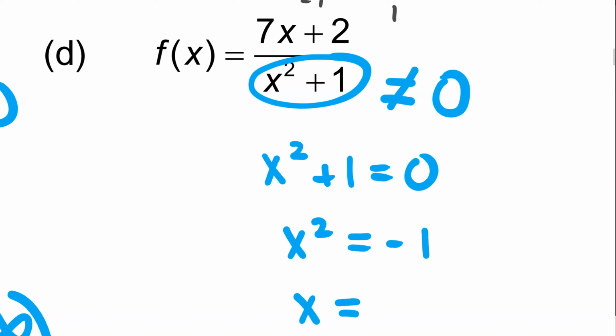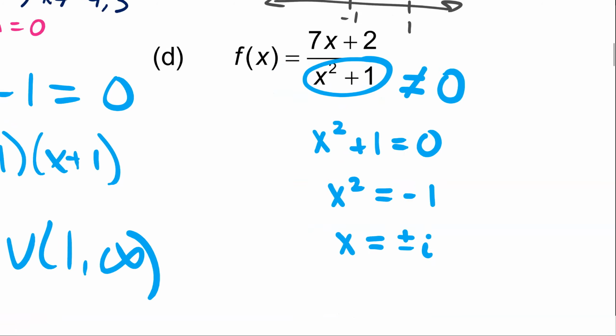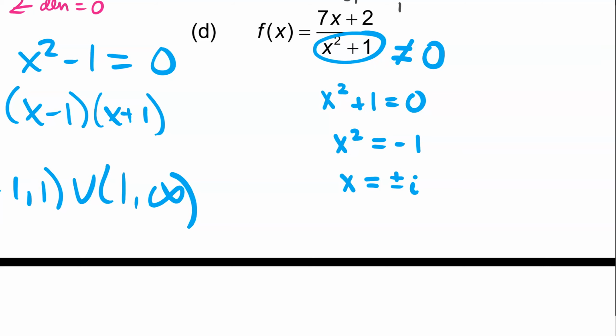So literally the values that would make the denominator go to 0 would be plus or minus i. What that means is the numbers that would make the bottom go to 0 have to be imaginary. Which means if I plug in any real number, it will always give me a y value. It will never be undefined.